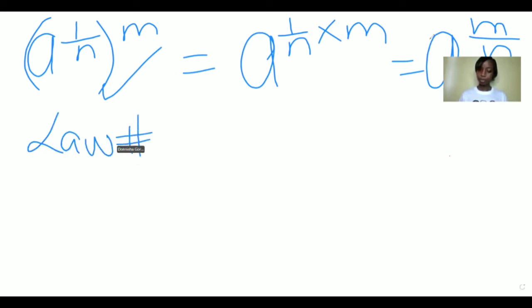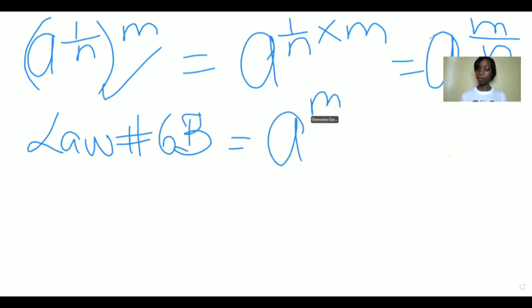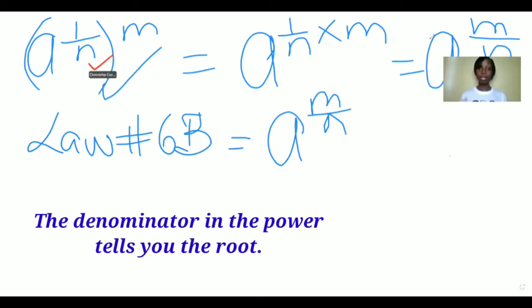this law, part 6b, would tell us that if I have a to the m over n, we would remember that this n represents the root of a.